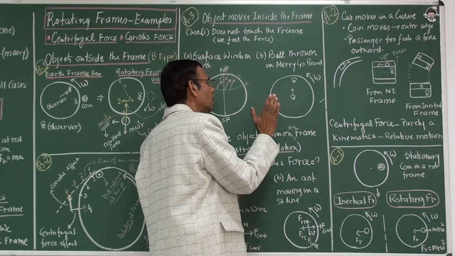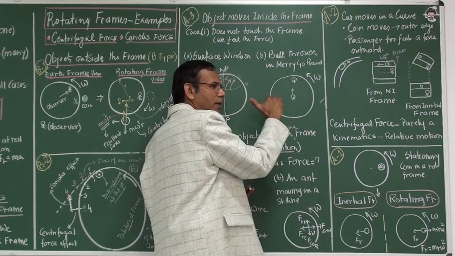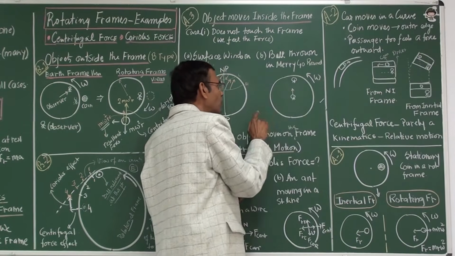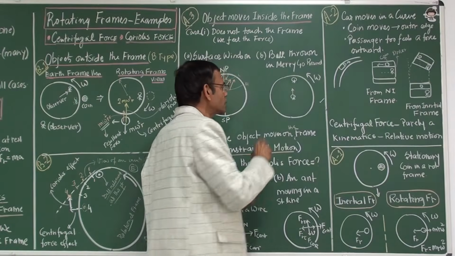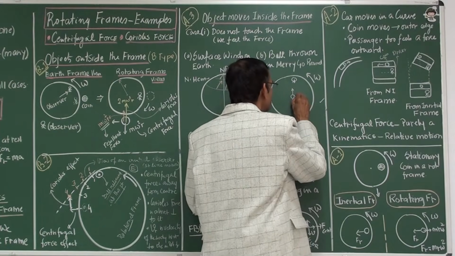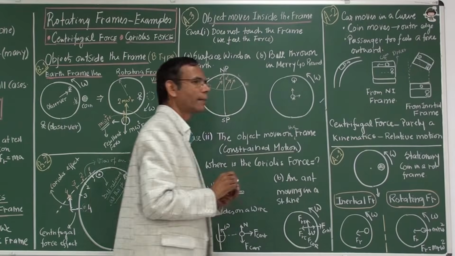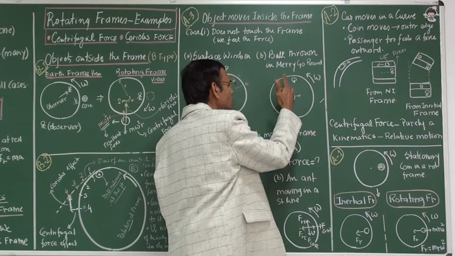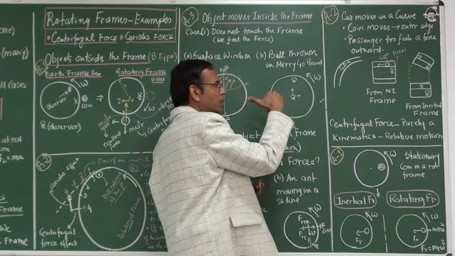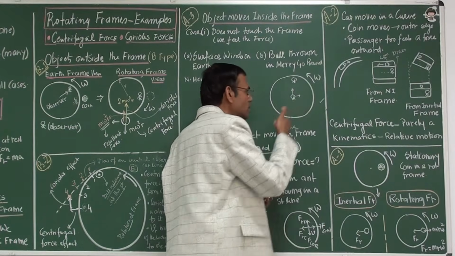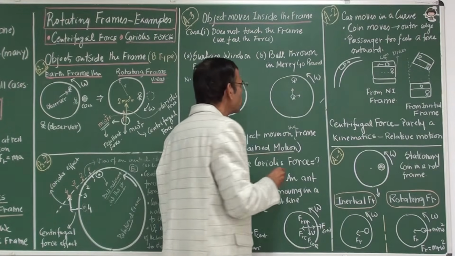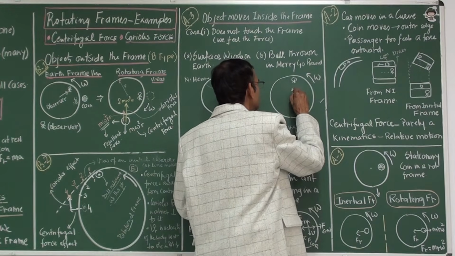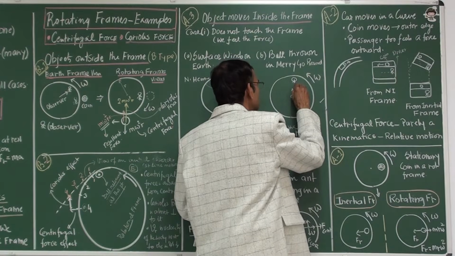So omega cross v is this side, as you see, and minus of that is this way. So the force it will experience is on this side. Is this clear? Omega cross v is towards me, so minus of that is towards that side. So this ball will go like this. Though he is throwing it onto him, the ball will look like this. Initially it will start like this.